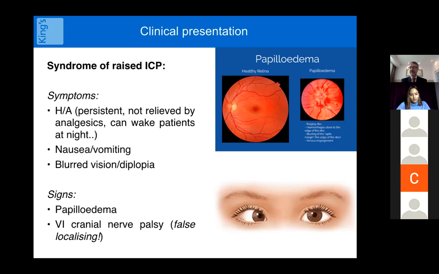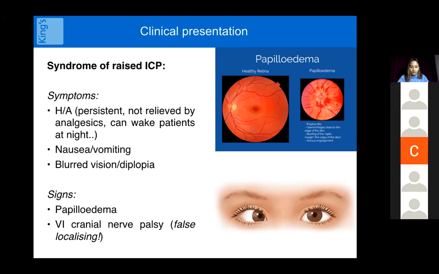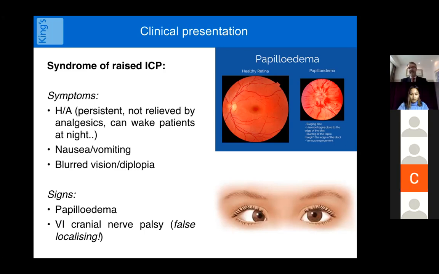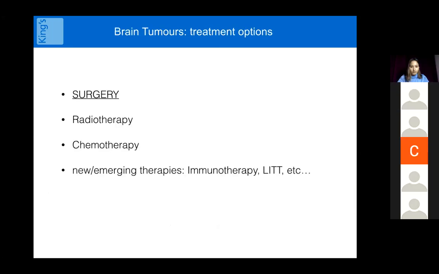You can see the diagram on the bottom of the slide. It's not clear why, but patients with raised intracranial pressure tend to develop a 6th cranial nerve palsy, which is a false localizing sign. It doesn't localize the lesion to the side where the palsy is, but it's thought to be related to the longer intracranial course of the 6th cranial nerve.